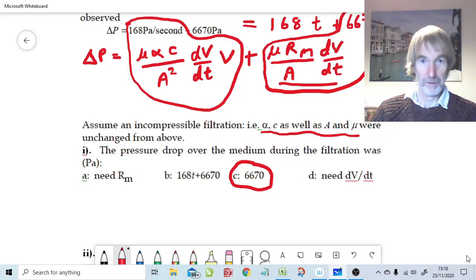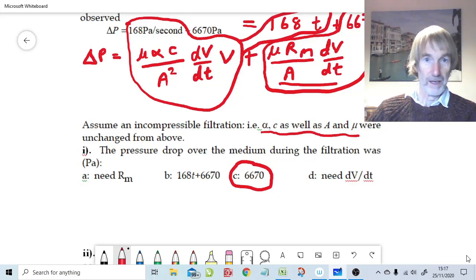Empirically, the pressure drop over the filter cake is equal to 168 times T. I guess really I ought to have said that was the same as what's over here. Sorry about that. So 168 times T is equal to what we have inside our brackets.